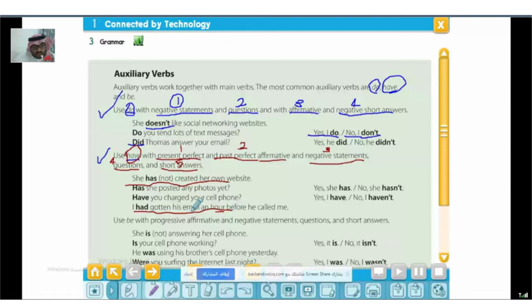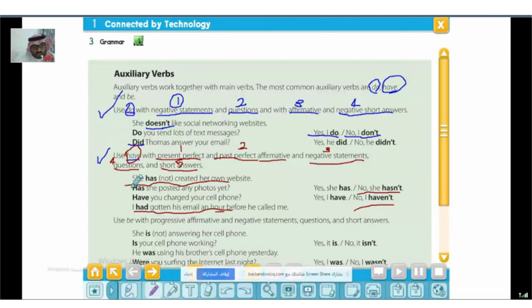And negative statements. This is a negative statement. Number four, question. We have two questions here.